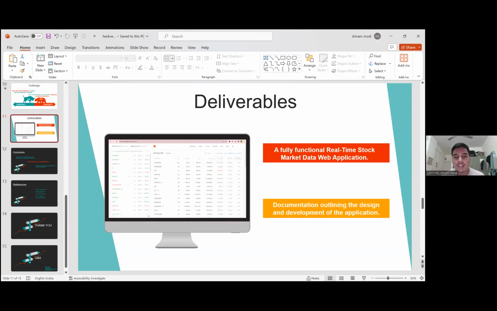Why have you used MongoDB as a database? Ma'am, because the data saved in SQL is in a tabular format, so it takes more space.